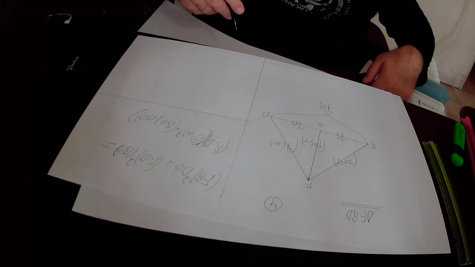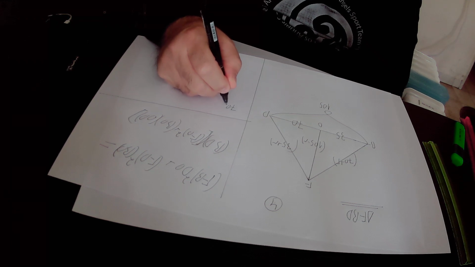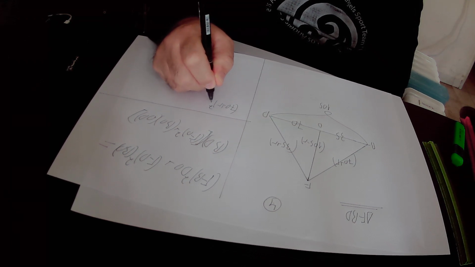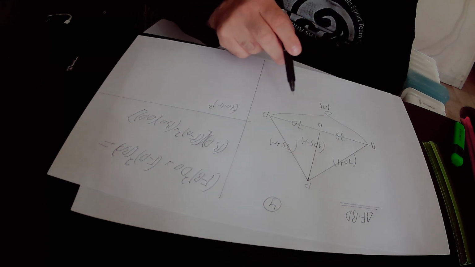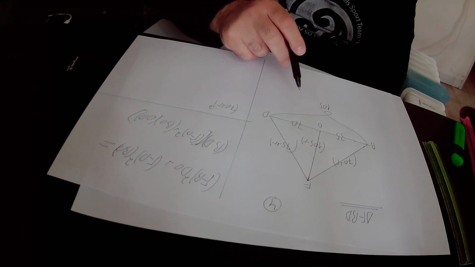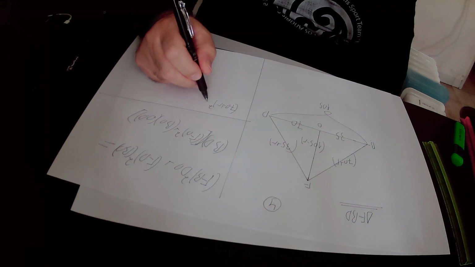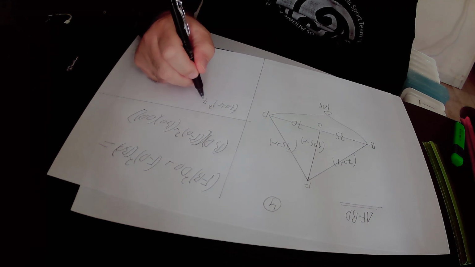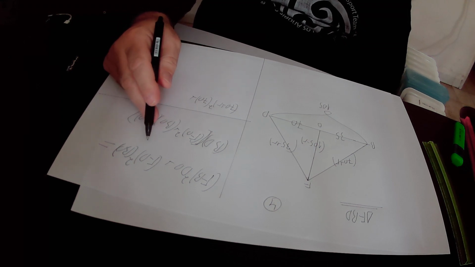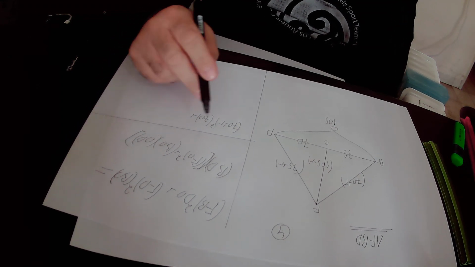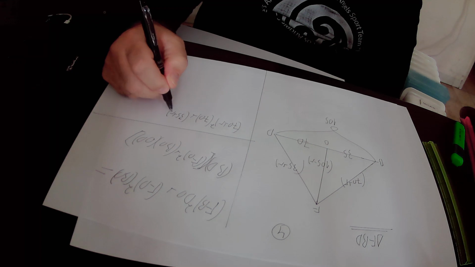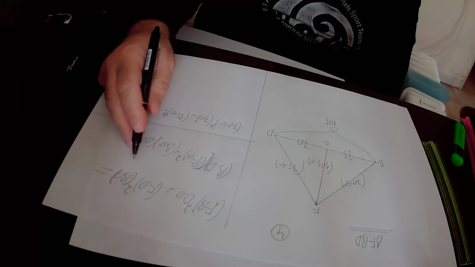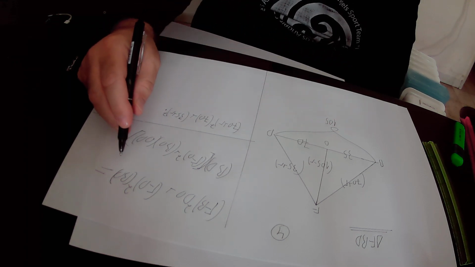FB equals 70 plus R, therefore FB squared is (70 plus R) squared times DO. DO equals 70, so we substitute DO by 70, plus FD squared. FD equals 35 plus R, therefore FD squared equals (35 plus R) squared times BO. BO equals 35, so we substitute BO by 35.